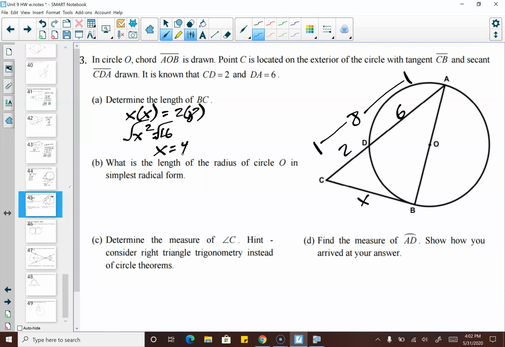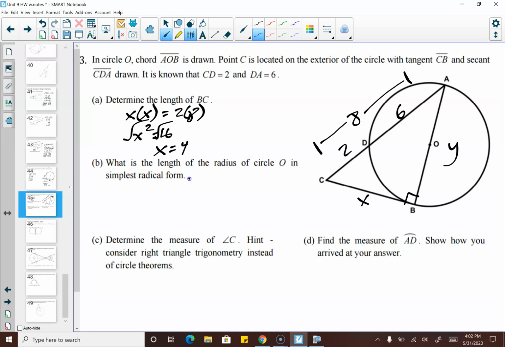What is the length of the radius of circle O in simplest radical form? Well, AOB is a diameter, which means OB is a radius. So when it intersects that tangent, it makes a right angle. So now we can find the whole length of the diameter, we'll call it y, by doing Pythagorean theorem. So now 8's our hypotenuse here.